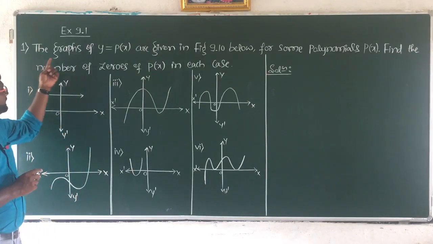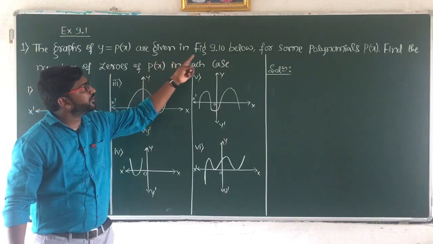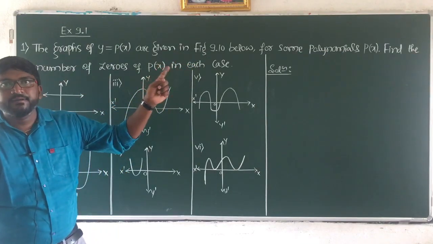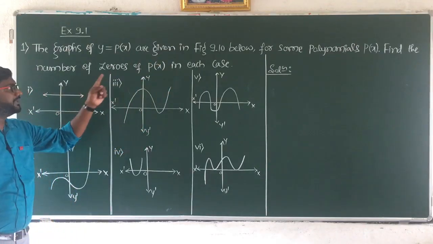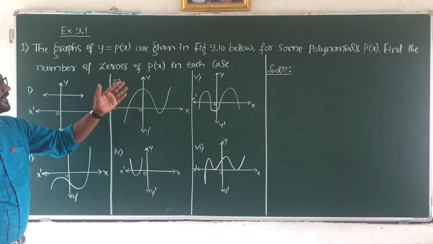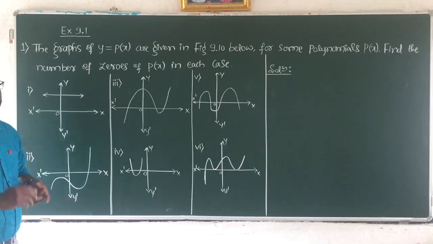So now we are going to start with exercise 9.1. The question is, the graphs of y equal to p of x are given in figure 9.10 below. For some polynomials p of x, find the number of zeros of p of x in each case. So he has given 6 cases and we have to find the number of zeros for all the 6 cases. So take up the first one now.